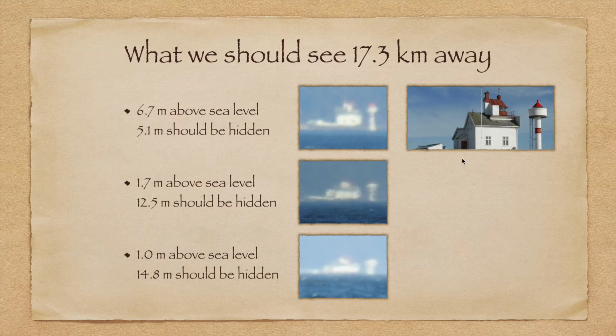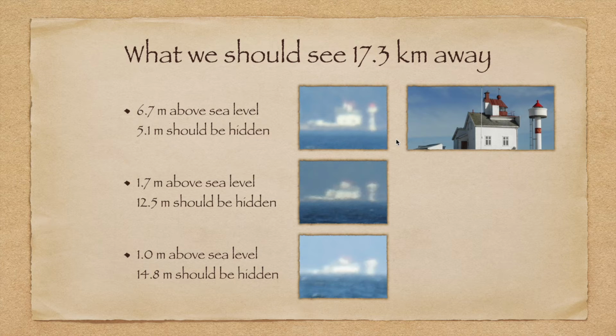So you could say, okay, there's maybe not so much of a difference between these two pictures, but okay, we go further. At 1.7 meters above sea level, 12.5 meters should be hidden.